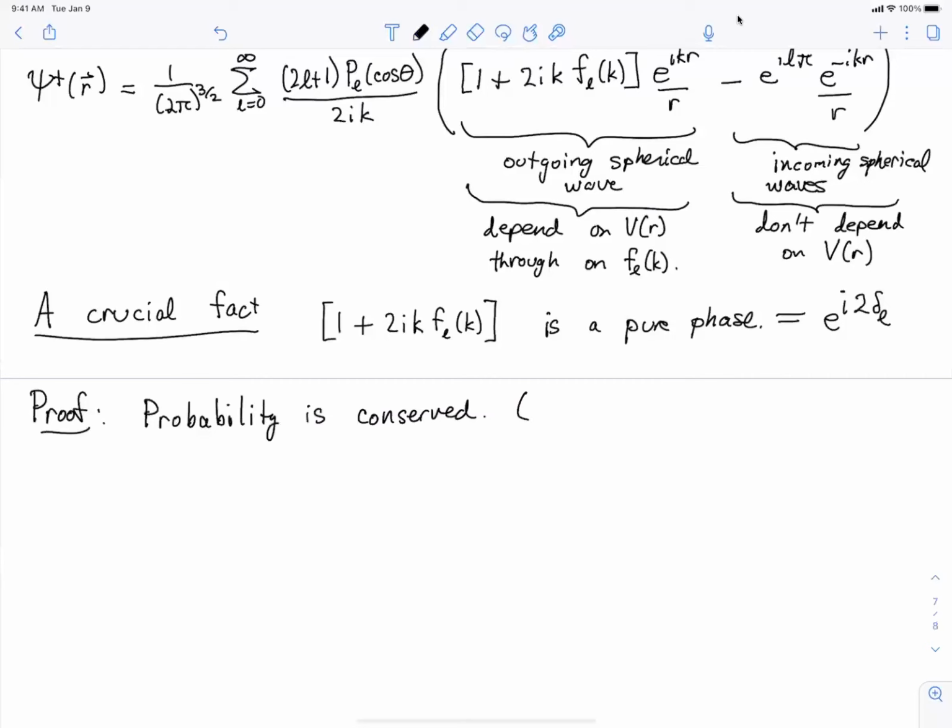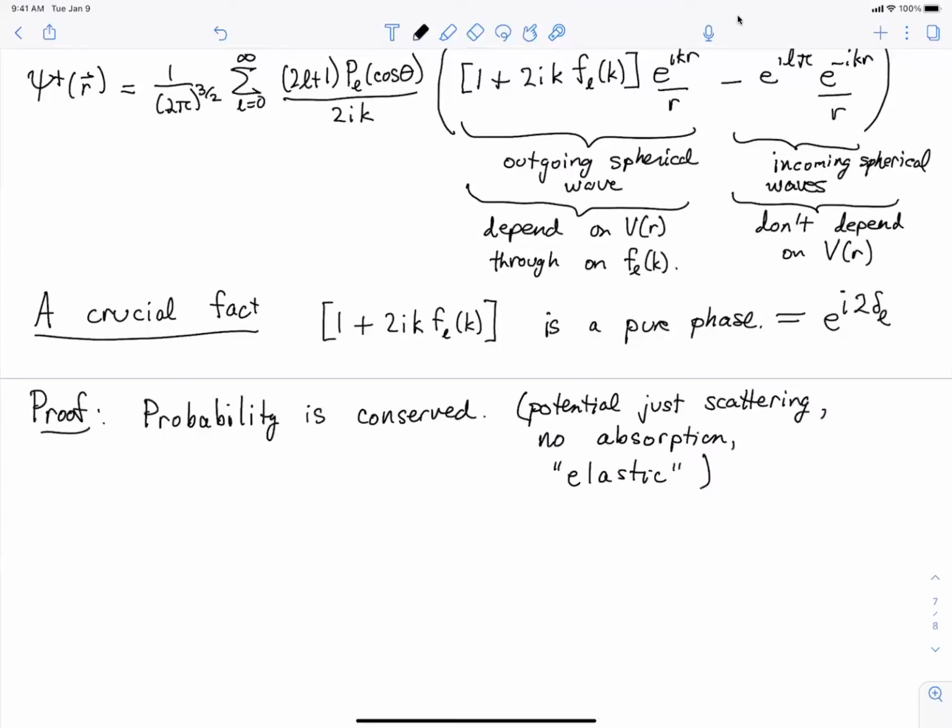Okay, so this is all based on the fact that the potential is just scattering, not eating particles. So there's no absorption. And so another way of saying it is this is elastic scattering. That just means whatever comes in comes out.